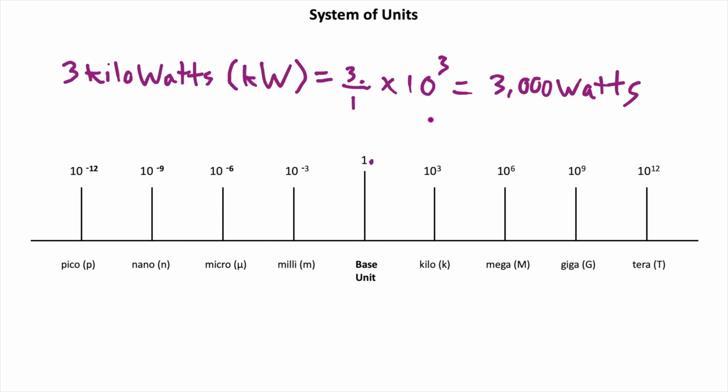Another way you can think of this, which you may have already figured out, is you can multiply your significant value, your measurement there, by 10 to the 3rd, which is the same thing as saying 1,000. So you can just multiply by 1,000 and you're going to get 3,000 watts.